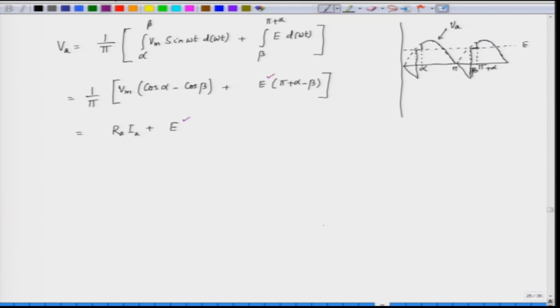So, we need to evaluate what is the speed torque characteristic here. We can take the back EMF to one side.